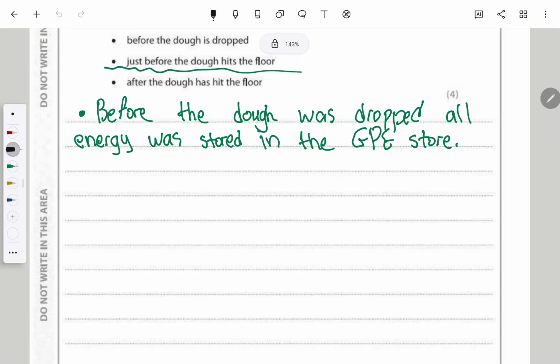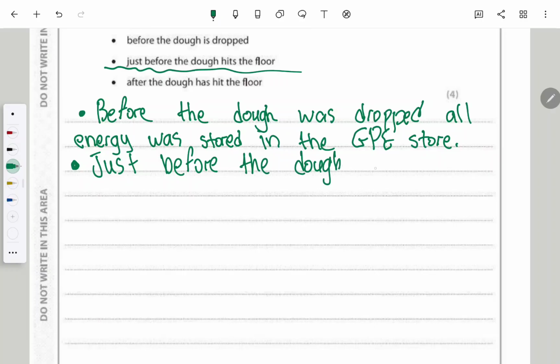Okay, now we gotta go down there and just clarify the second point, which is just before the dough hits the floor.